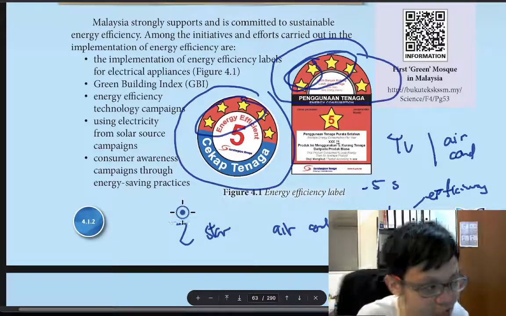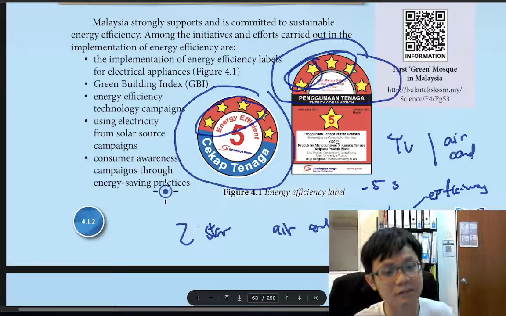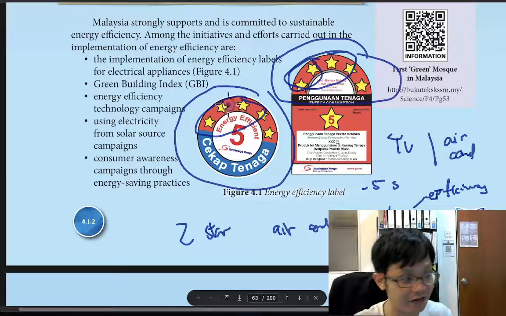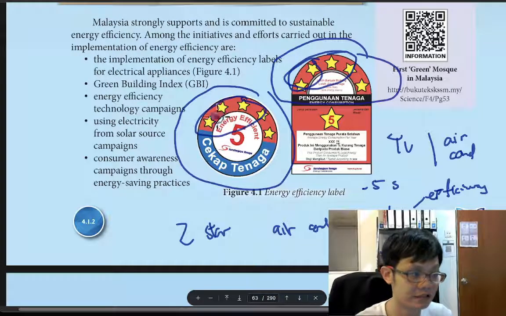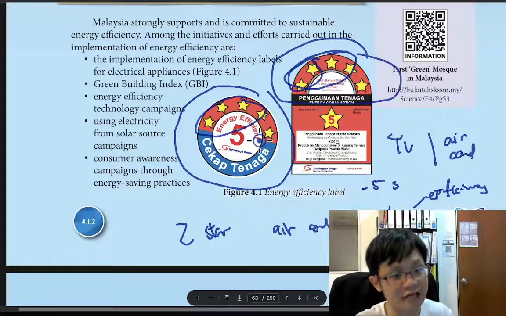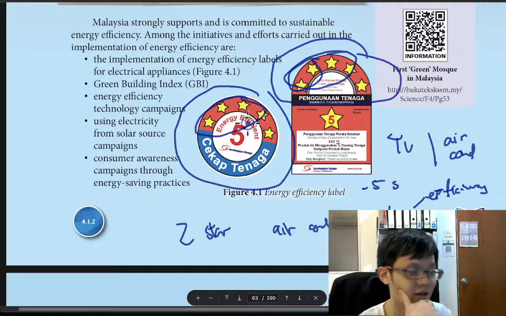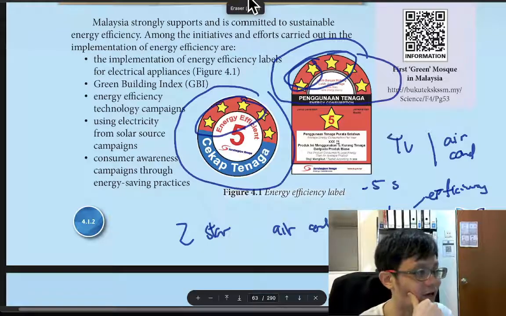However, usually 5-star aircon is more expensive because it is efficient, so the technology is more advanced, so it's more expensive lah. 2-star will be cheaper. So sometimes of course I will calculate lah, you know me lah, I like money a lot, so I will calculate.